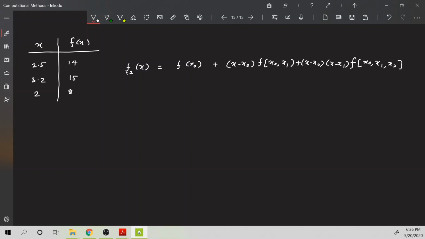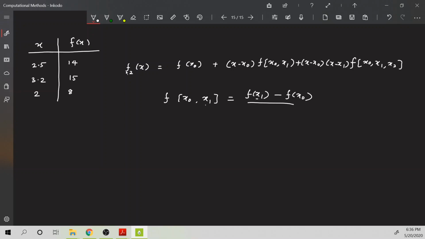And when you talk about the divided difference, again it's simple. Whichever is second, you write it down first, minus x0.